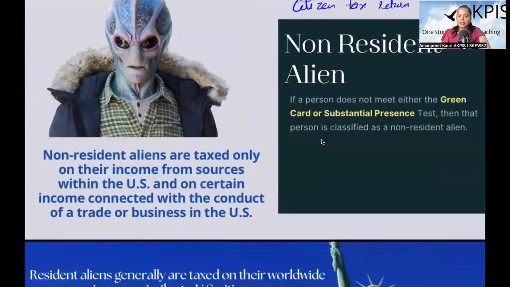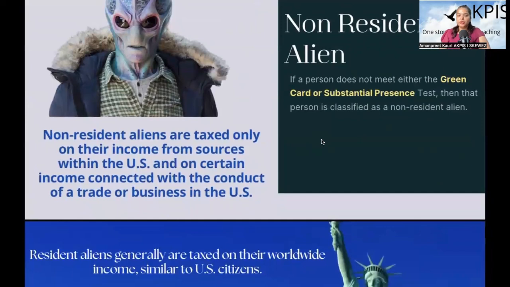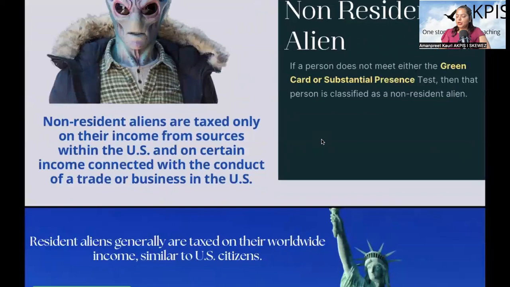So if I specifically talk about the non-resident alien, right? Who is that person? Because we discussed US citizen as well as a resident alien of US, they're supposed to file their income tax return with the IRS body of US, right? So who is a non-resident alien?